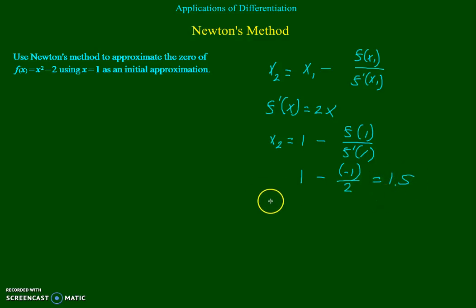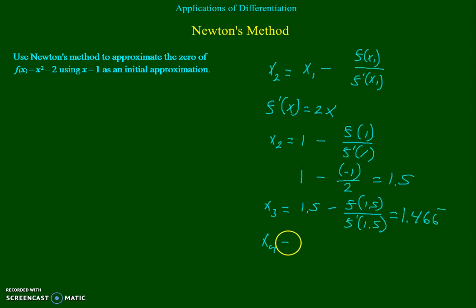Now if we do it again, x3 is 1.5 minus f of 1.5 over f prime of 1.5, and that gives us 1.466.